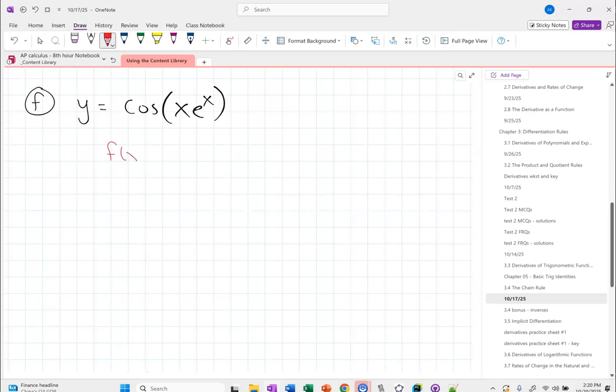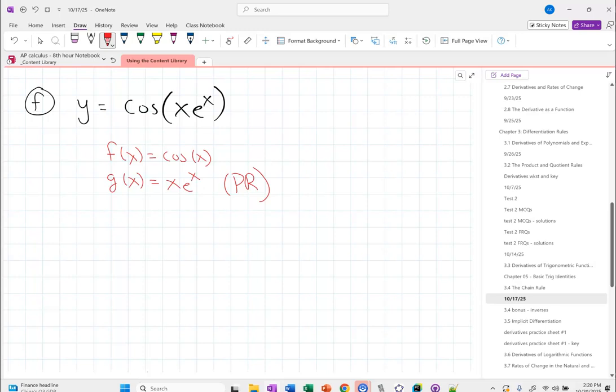So our outer function is cosine x. Our inner function is x e to the x. And that's a product rule, because we have a function x times another function e to the x. You can't combine those because one's polynomial and the other is exponential, so there's no reconciling those into a single thing.